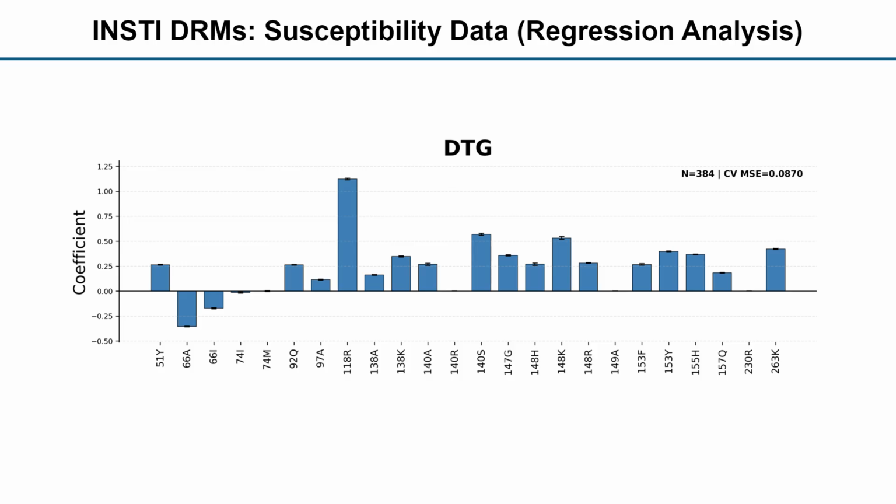Mutations at position 148 have little effect on their own, but when combined with mutations at positions 138 or 140, they can lead to substantial reductions in susceptibility. Finally, L74I, a highly polymorphic mutation, has minimal effect on susceptibility to dolutegravir and to other second-generation INSTIs.